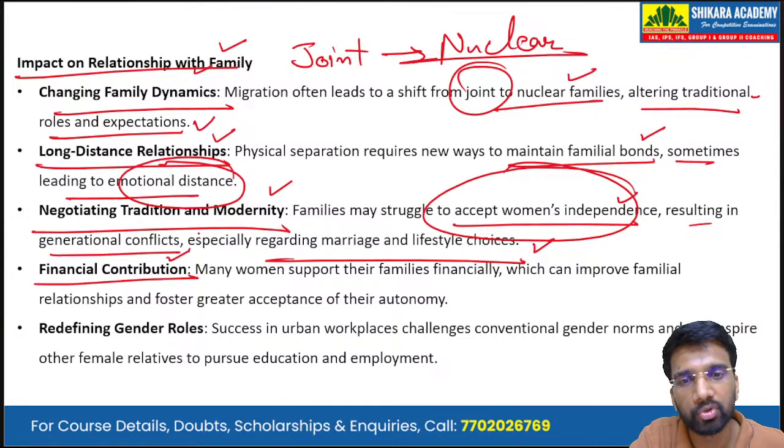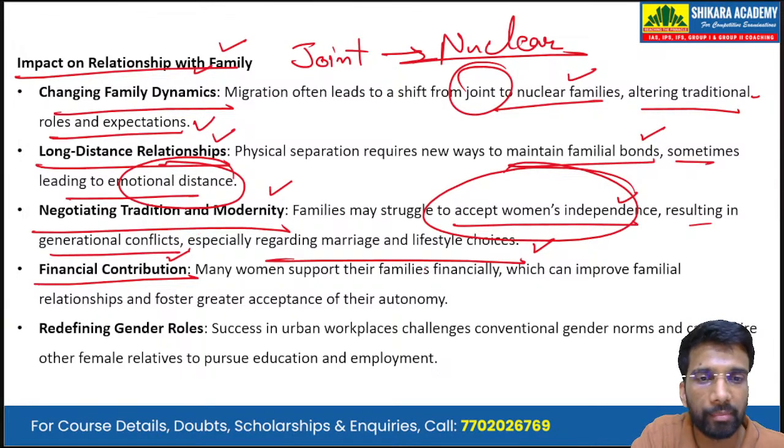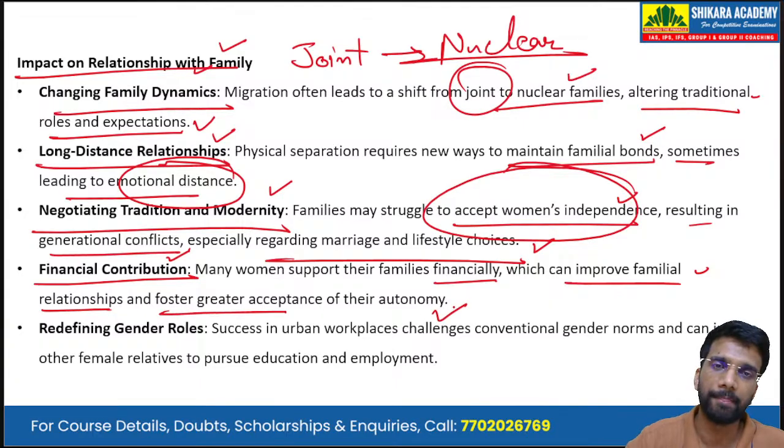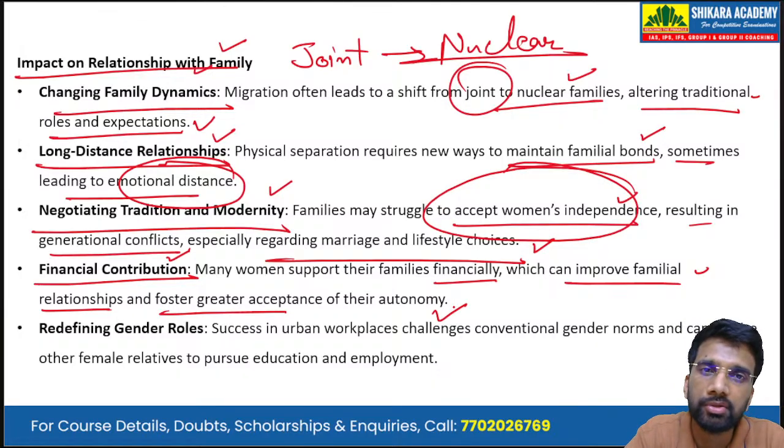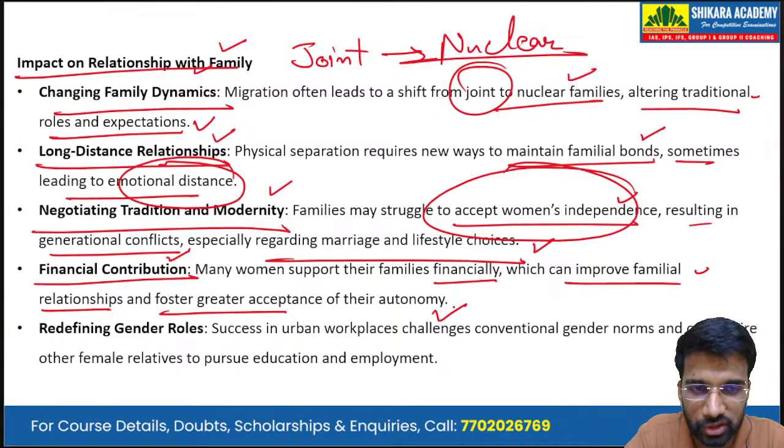Then there is financial contribution. Many women support their families financially, which can improve familial relationships and foster greater acceptance of their autonomy. So when women are working in the cities, they send money to their families at home in the rural areas and small towns. They support their families financially.